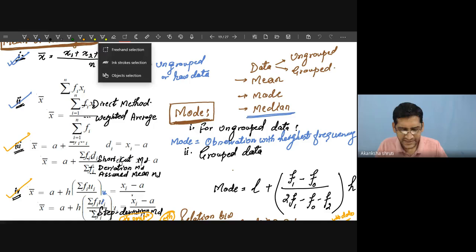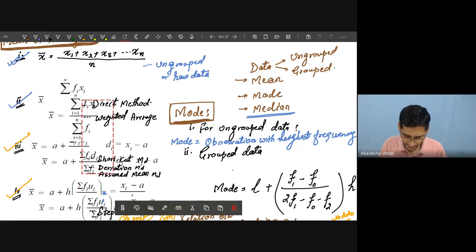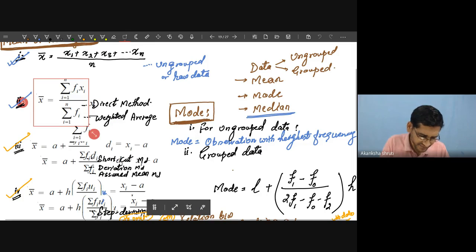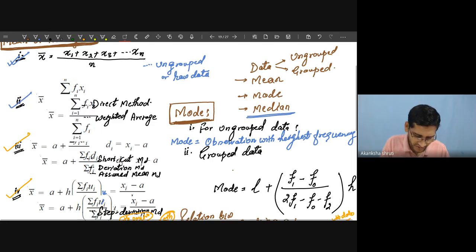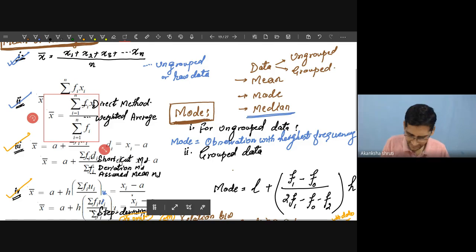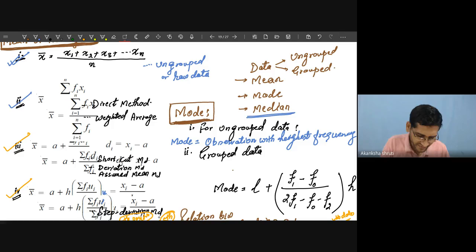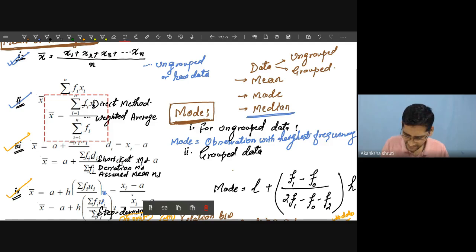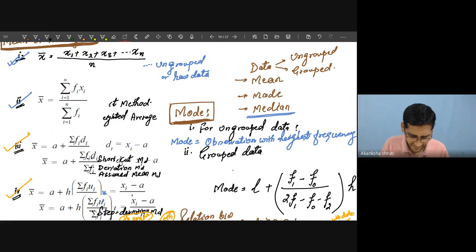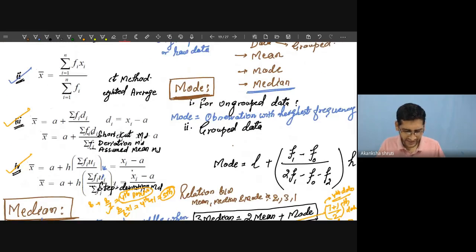So that formula is applicable for the grouped data. This method of calculating mean by fi xi divided by fi is called the direct method.